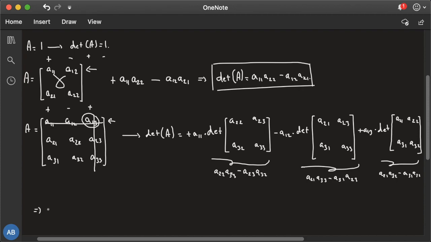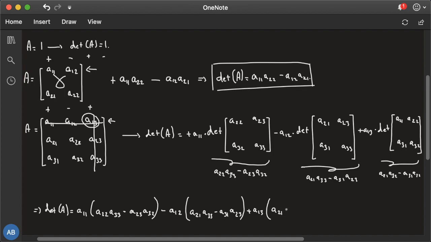Replacing, we will get A11 multiplied by A22 A33 minus A23 A32, minus A12 multiplied by A21 A33 minus A31 A23, and last but not least, plus A13 multiplied by A21 A32 minus A31 A22, right? So this is the determinant of a 3 by 3 matrix.